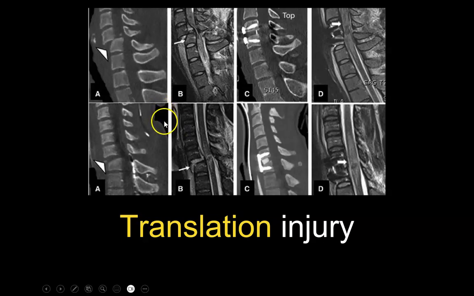And in this case, you get here severe dislocation of the spine. You get here wedging of the spine with some translation. So there is motion of one vertebra over the other.